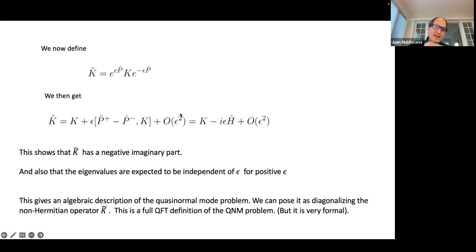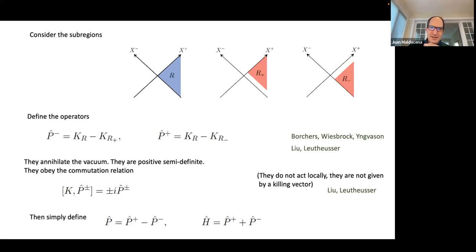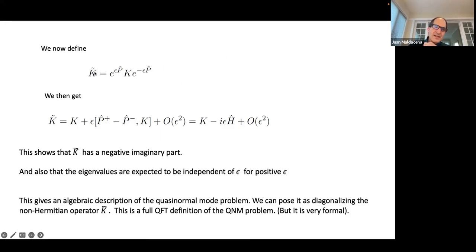But now we can define the operator K tilde as a conjugate. This is formal. I say formally because these operators are very hard to construct explicitly. I mean, for free fields, you can. They were constructed fairly explicitly by Liu and Leutheusser. But then we can take this K tilde and define it to be the result of this conjugation by a small epsilon. And if we define it this way, then we see two things.